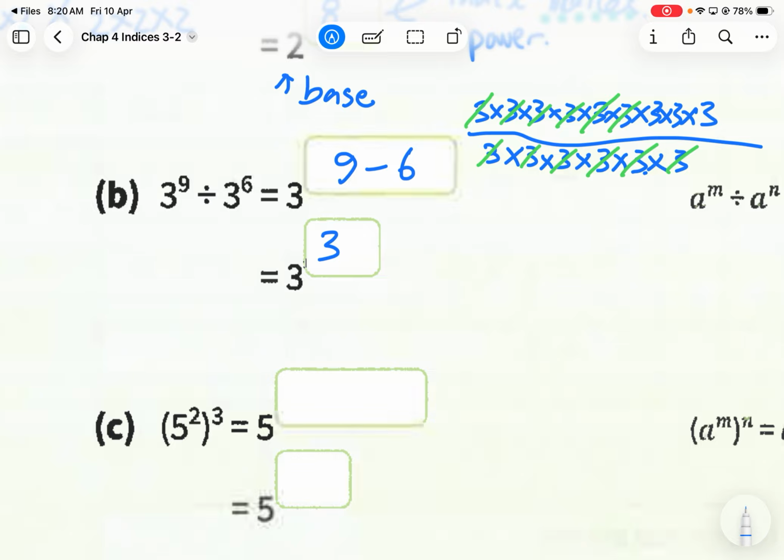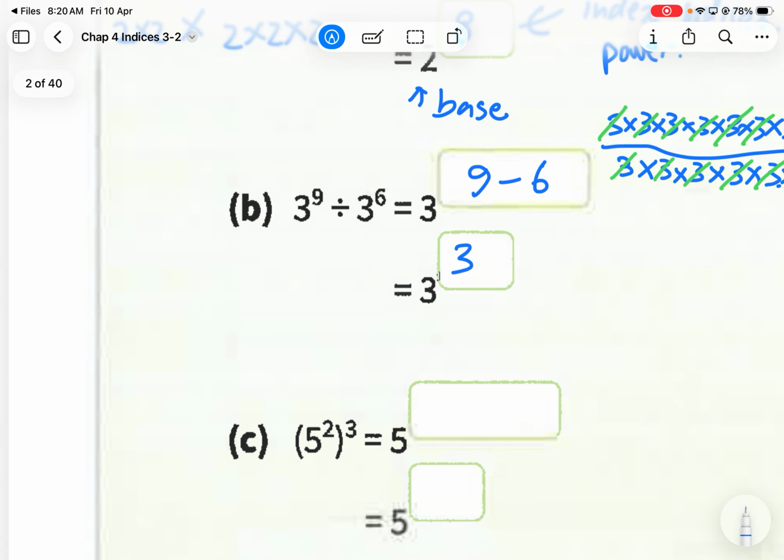Okay? So again, if you don't remember, then use a smaller number, try it out, then you will see. If I don't remember, I don't want to go and write so many 3's. I try with a smaller number. I try 3 cubed divided by 3 squared. How will it look like? Then I will have 3 times 3 times 3 here, and 3 times 3 here.